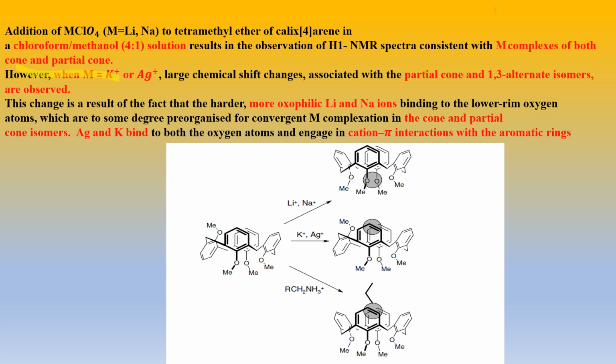At the same time, if the metal ion is potassium or silver, it is completely changed, and partial cone and 1,3-alternate isomers are observed.